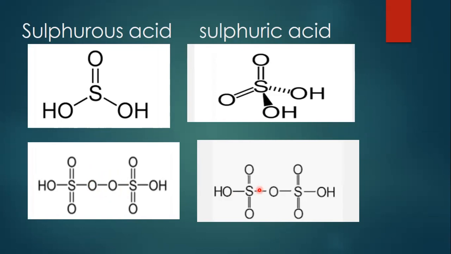It is formed when two sulfuric acid molecules combine together and there is a loss of one water molecule. So we have four major oxo acids of sulfur: sulfurous acid, sulfuric acid, peroxo disulfuric acid and pyrosulfuric acid.